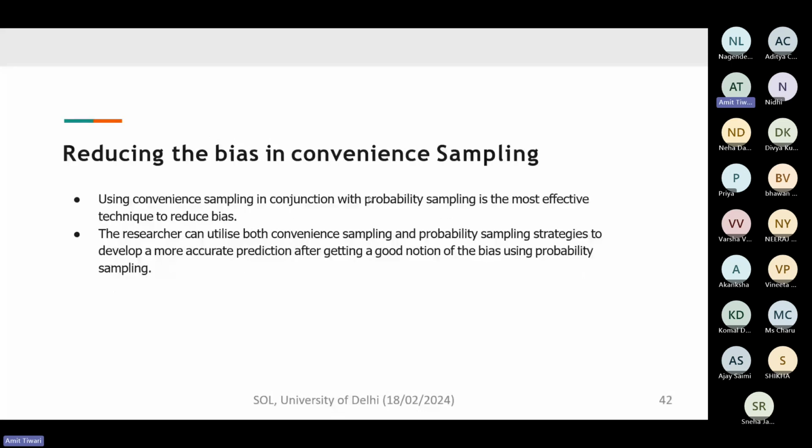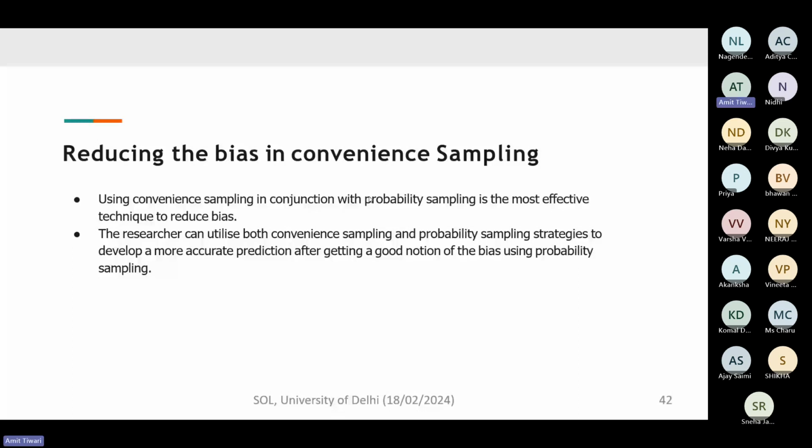If we are using convenience sampling, there is a chance that some bias will occur. To reduce that bias, it is suggested that you use convenience sampling, but also perform a certain level of probability sampling techniques. For example, suppose five students who are doing PGDADLM belong to Shahid Rajguru College.